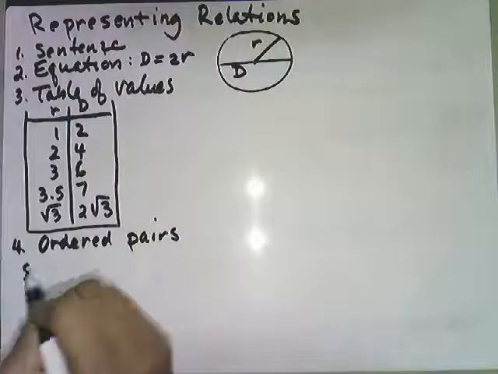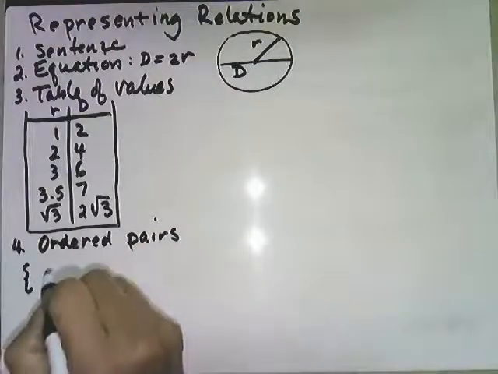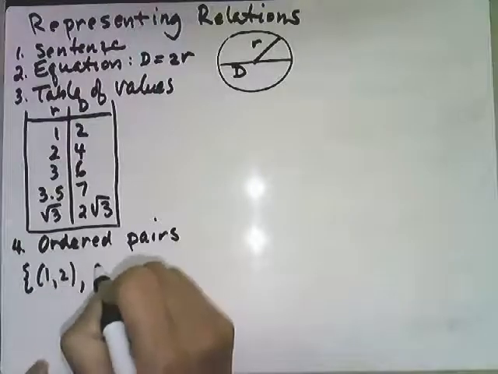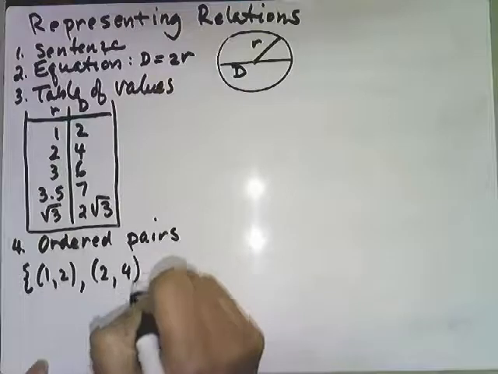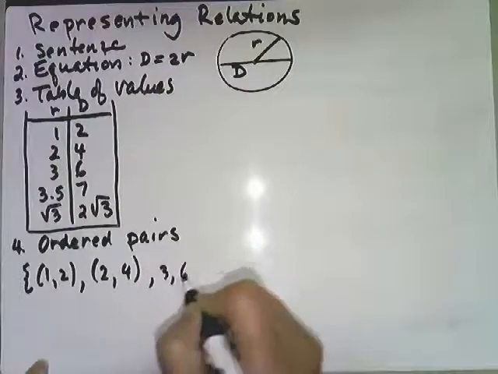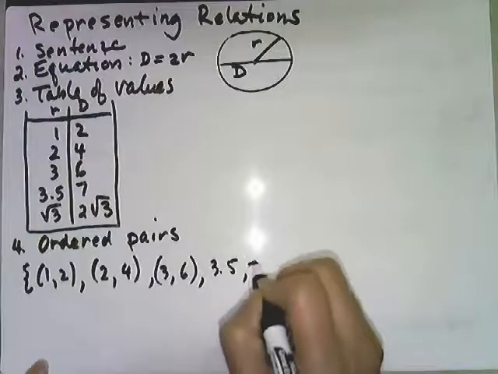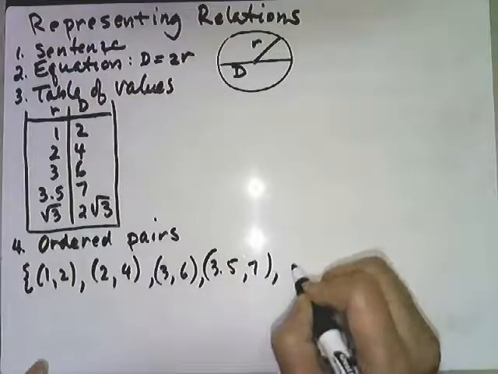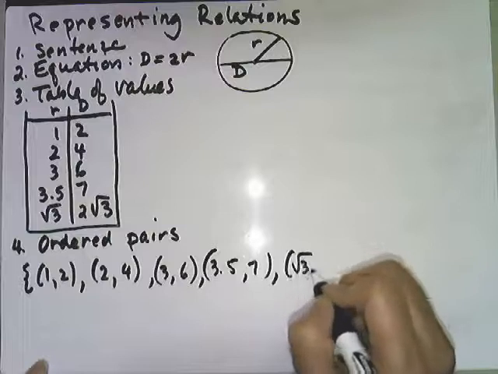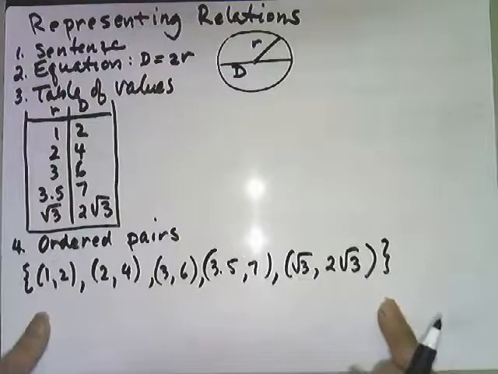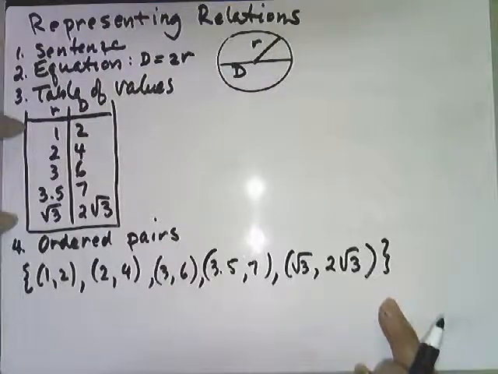So, I would say it's the set of ordered pairs (1, 2), (2, 4), (3, 6), (3.5, 7), and (root 3, 2 root 3). So this would be a set of ordered pairs for this table if these were the only values allowed for the radius. Okay, that's our fourth way.